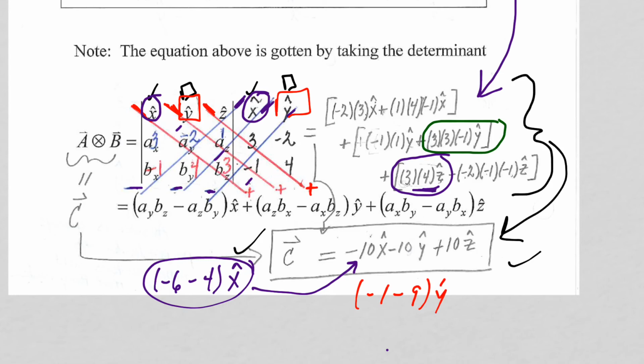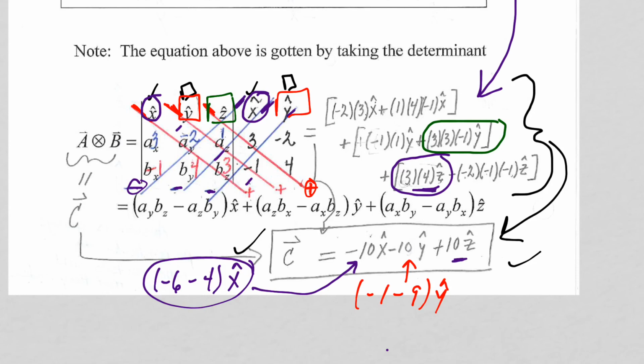And that's my y hat answer, and that is the answer here. And I'll leave it to you to show that when you do the z... oh, I left my z off. No, I have my z here. I have my red z going down to here, and I have my blue z going down to here, that when you do that, you will get positive 10.